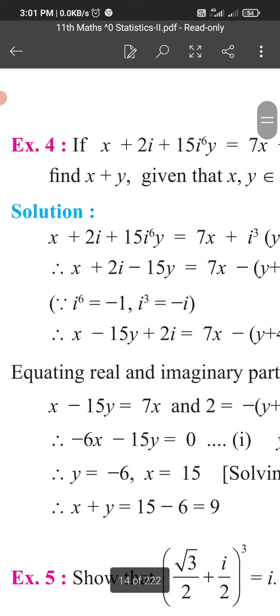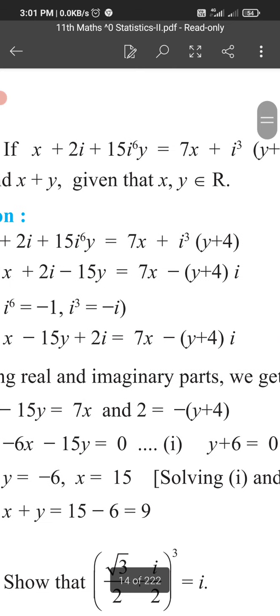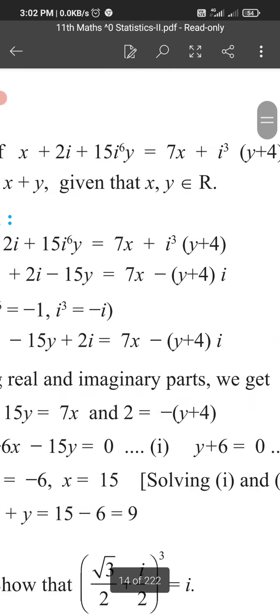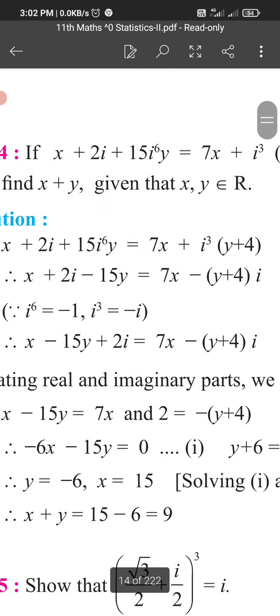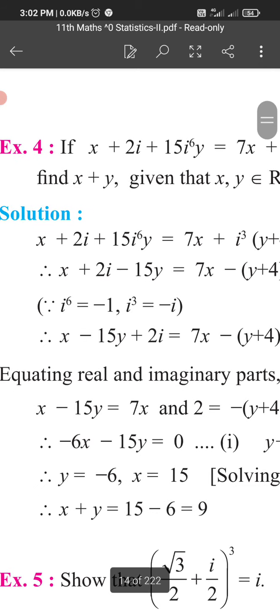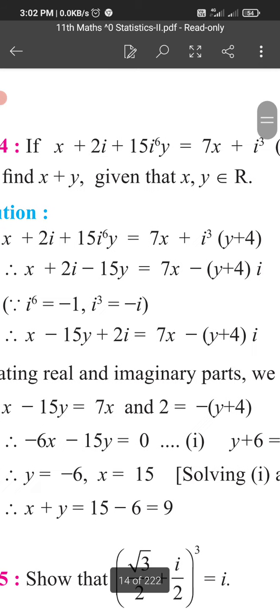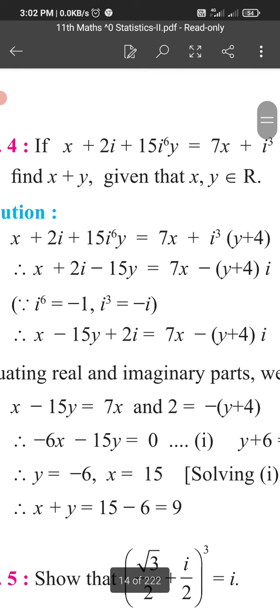Next example: if x + 2i + 15i^(6y) = 7x + i³(y + 4), find x + y given that x, y belong to R. So given example, we write x + 2i + 15i^(6y) = 7x + i³(y + 4).